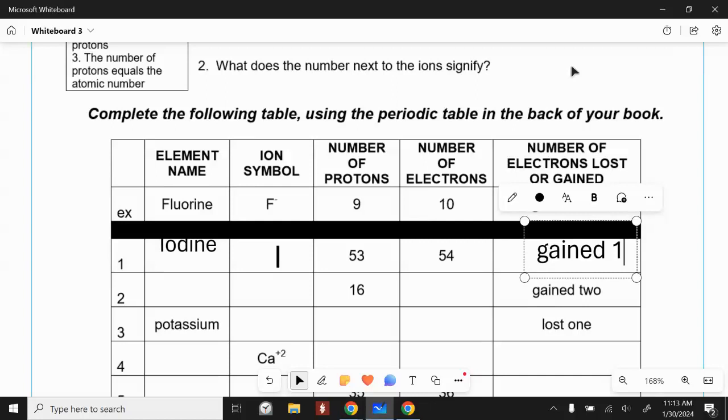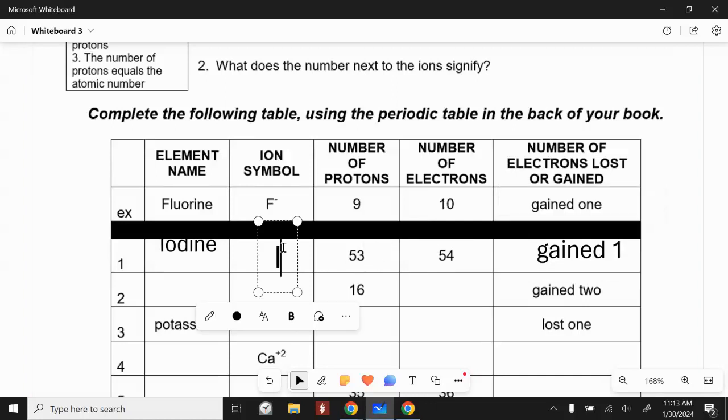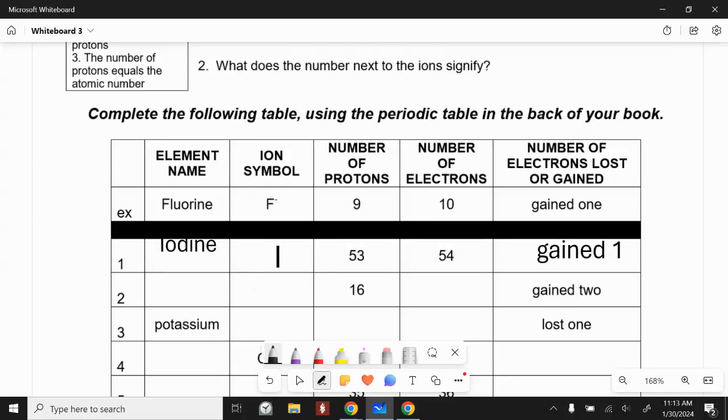Hope you said negative, because now my negative electrons outnumber my protons. So I should have over here, and I can't do really subscripts, but be 1 negative. So it will be just a 1 negative.